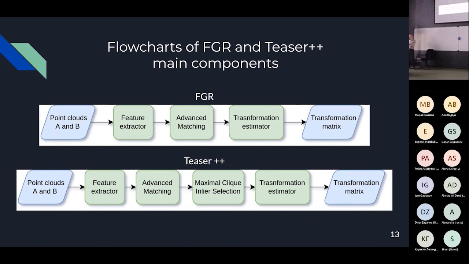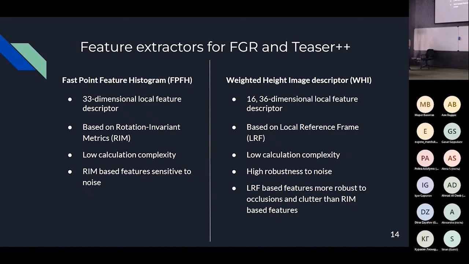Teaser has an interesting submodel, maximal clique inlier selection based on graphs, that allows us to significantly reduce the amount of bad correspondences. Fast global registration and Teaser have fast point feature histogram as the default feature extractor.